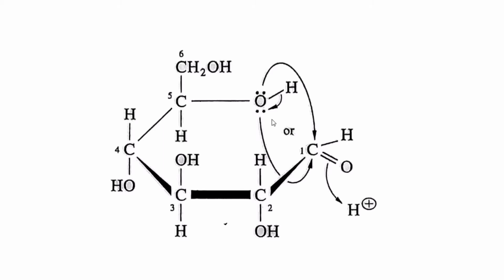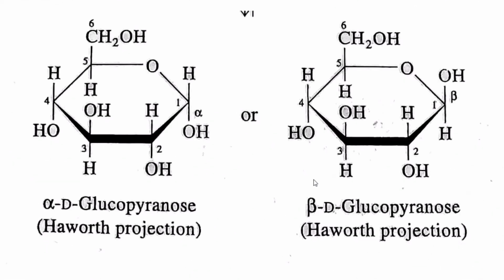And now the hydroxyl group of carbon number 5 will react with the aldehyde group at one side to form alpha D glucopyranose, or will react on the other side to form beta D glucopyranose. It will become alpha D glucopyranose when the hydroxyl group formed after the reaction is placed on the opposite side of CH2OH.